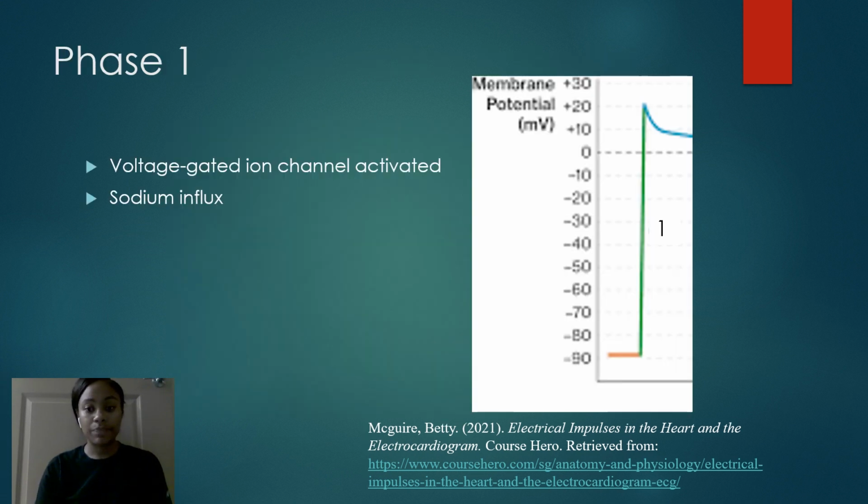So this is phase one. I just took the diagram from the previous slide and cropped it so you can see the specific area I'm talking about. This is also called the rising phase. During this phase, the voltage-gated sodium ion channels are activated.